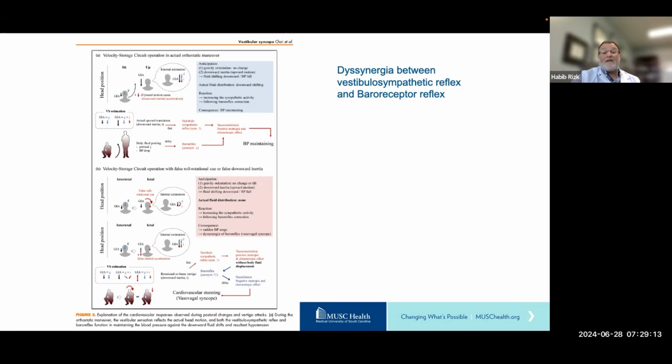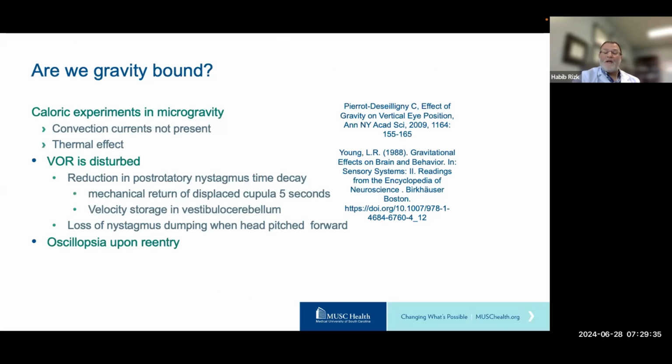But unlike in the first scenario, where there's a displacement of fluids downward that will trigger the baroreceptor reflex in the right direction, in this case, there's no downward shift of fluid. The baroreceptor reflex will detect an increase of sympathetic tone and will engage the parasympathetic tone, and you develop a vasovagal attack, which can lead to a syncope in certain cases.